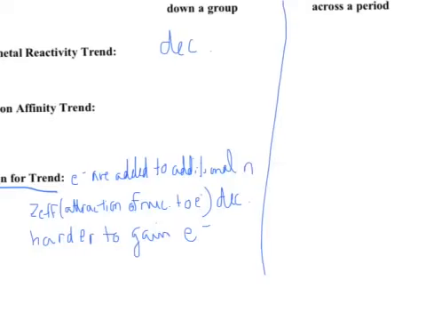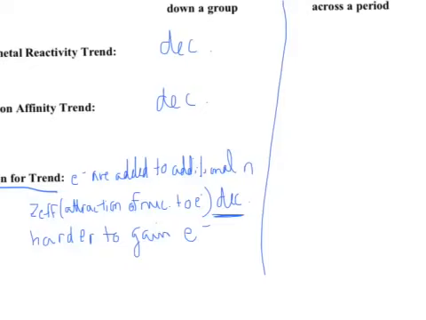Now let's think about electron affinity. I actually prefer to think about electron affinity as electron liking. Since the Zeff, or the attraction, decreases, there's less electron liking, so that also decreases. Let's also think about it in terms of energy. Electron affinity is how much energy is released when the atom gains an electron.